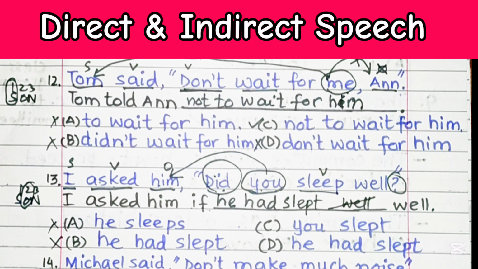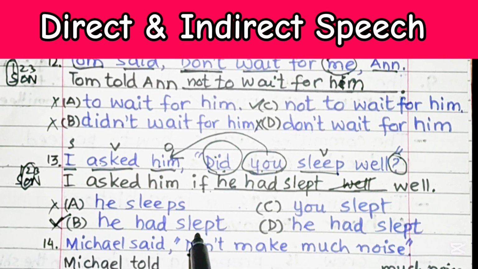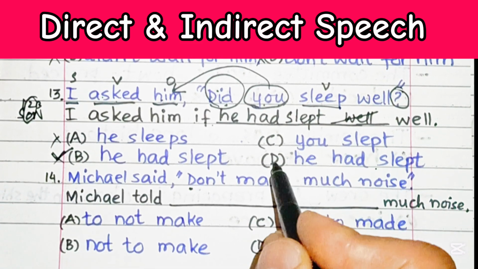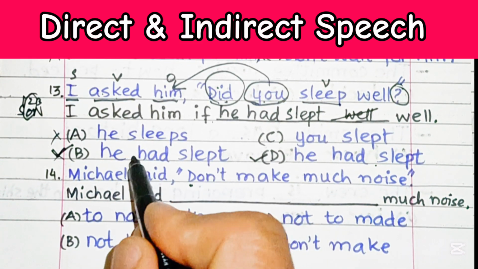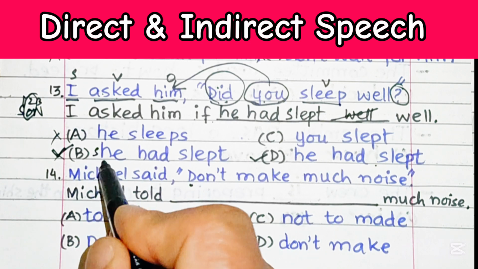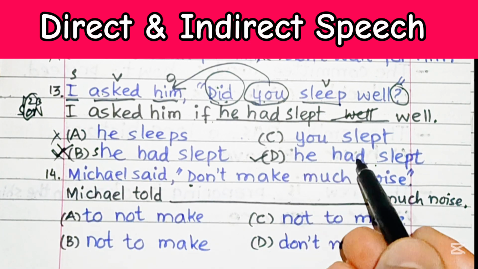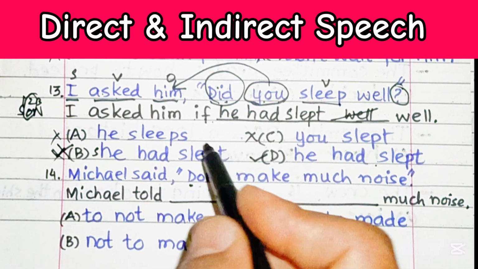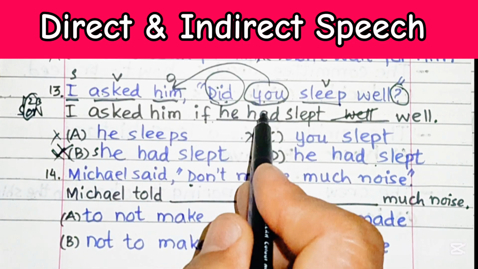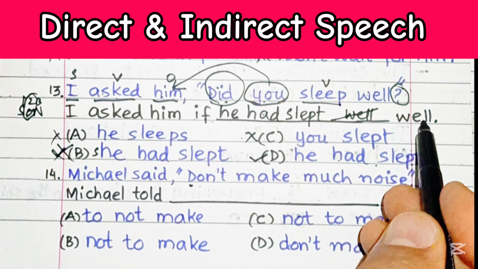This one is correct. He had slept. Both of them are correct. Anyhow, if we put she over here, this will be incorrect. This one is correct. He had slept. So this is incorrect. So I asked him if he had slept well.